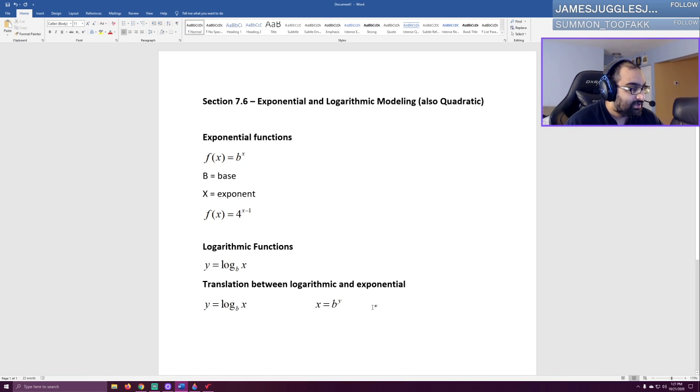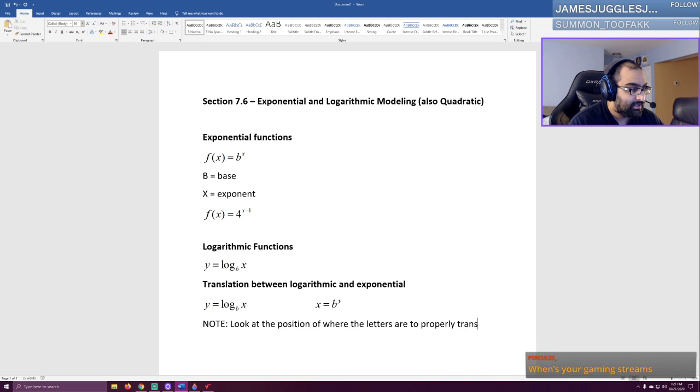Now I'm going to go ahead and put a little note here in regards to this, because then you'll see exactly how this works out. So note here, look at the position of where the letters are to properly translate. Okay, so the position matters.